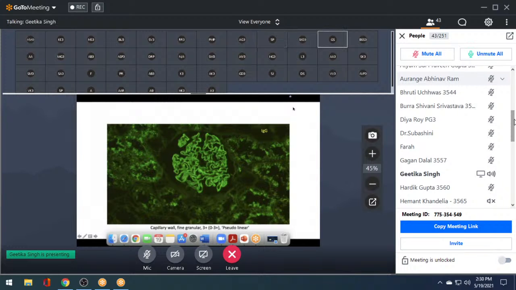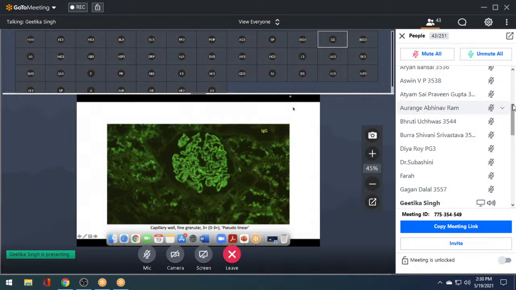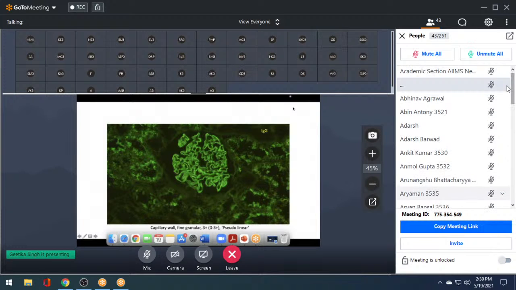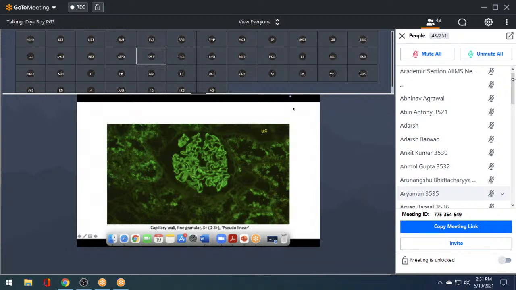Sub what? Subendothelial deposits. Oh. Dia? Ma'am, we will find subepithelial electron dense deposits. Yes. Okay. So in a membranous, you're going to get regularly placed subepithelial electron dense deposits.